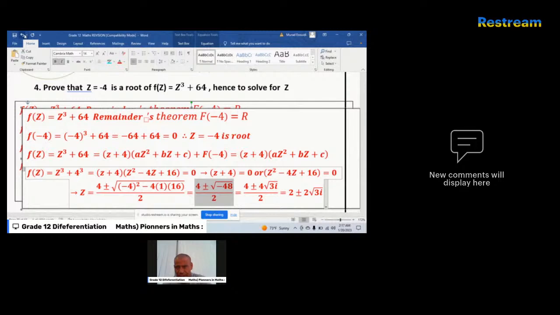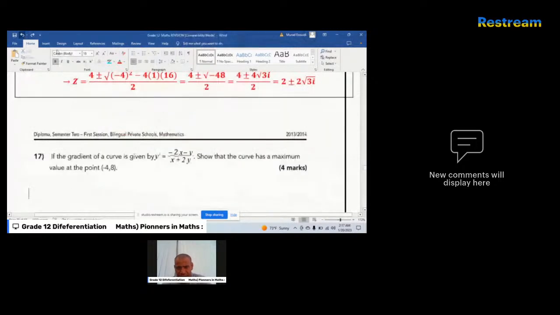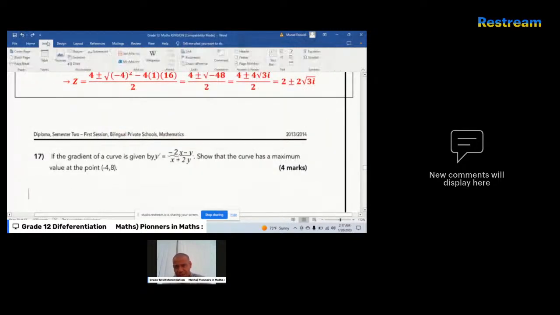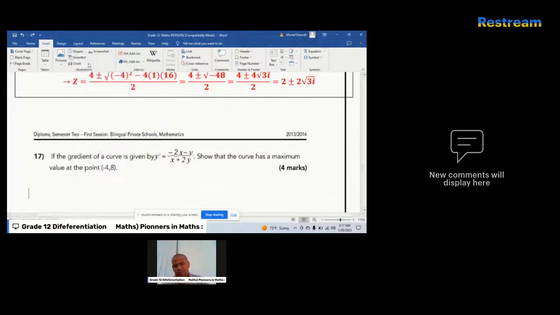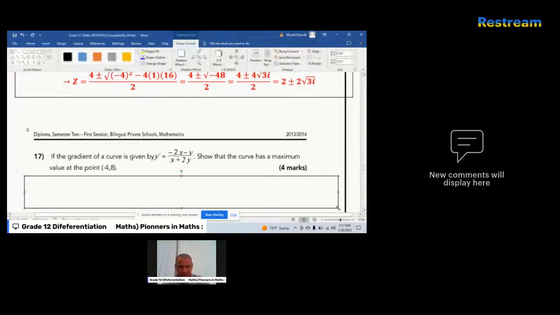I will insert now a table, where I shall solve this equation. Then I should insert a text.